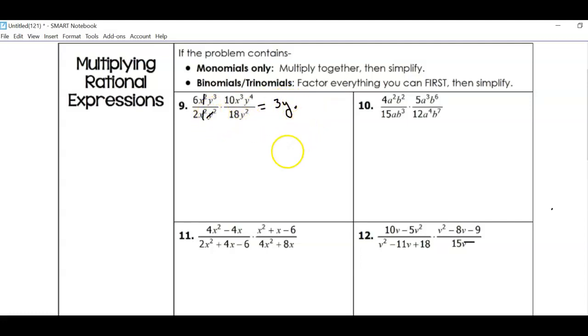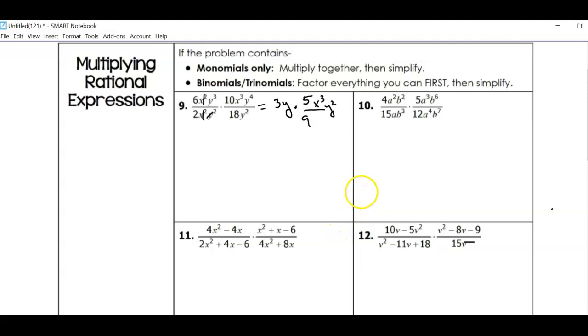And I'm multiplying that times, let's say this is going to be a 5 over 9. And I have my x to the third that stays. And then my y squared up top there, so y squared. Okay.